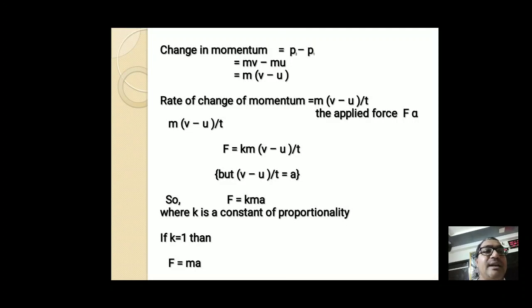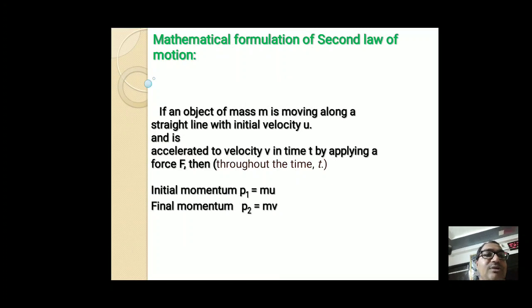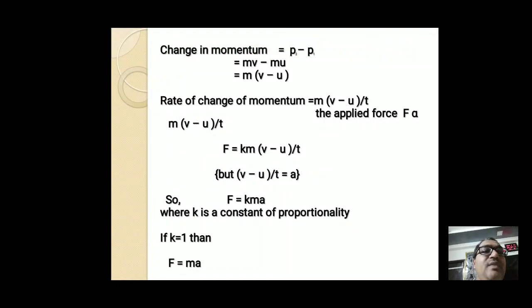P2 is equal to mv and P1 is equal to mu, as you can see in the earlier slide. So mv minus mu. Then next step, we take m common from both terms, so m is common and v minus u remains in the bracket, because mass remains the same in both cases.